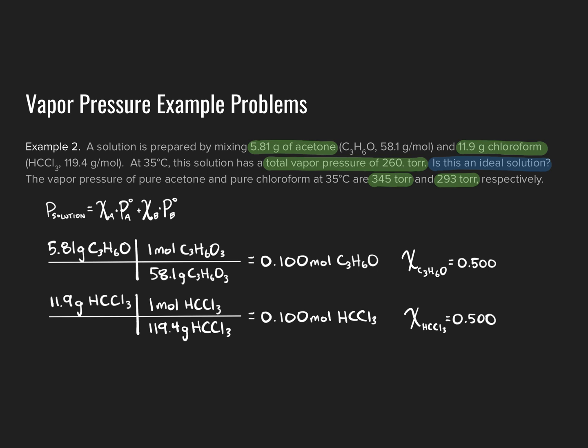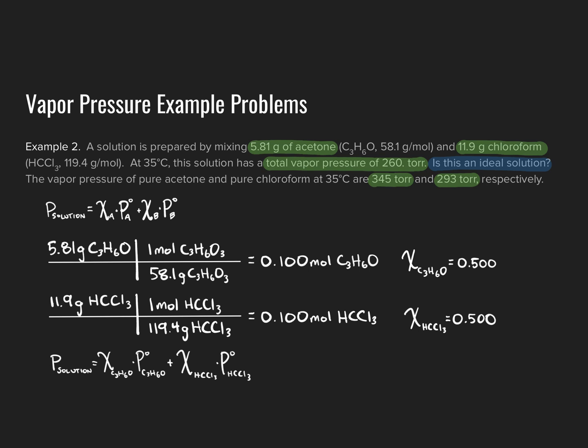With our calculated mole fractions of each species, we can now apply Raoult's law. As our previous slide showed, the vapor pressure of the solution as a whole is equal to the mole fraction of each component multiplied by the vapor pressure of that component as a pure solvent, summed together. For our system, that is the mole fraction of the acetone multiplied by the vapor pressure of pure acetone, plus the mole fraction of the chloroform multiplied by the vapor pressure of pure chloroform.